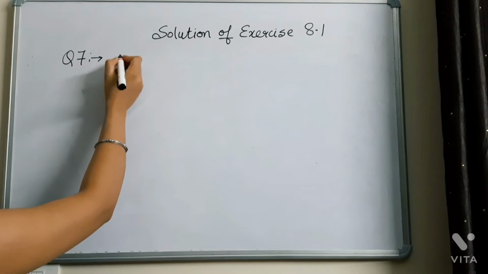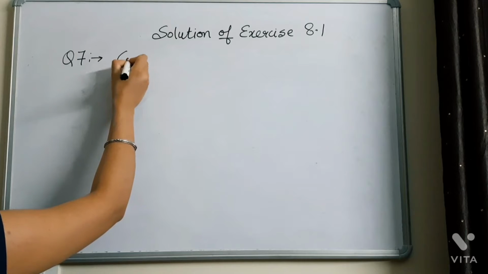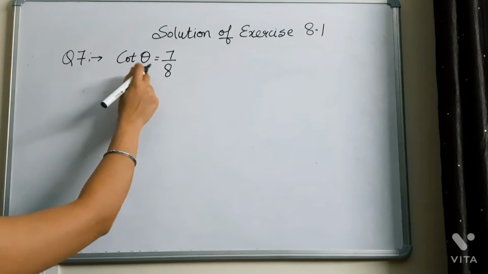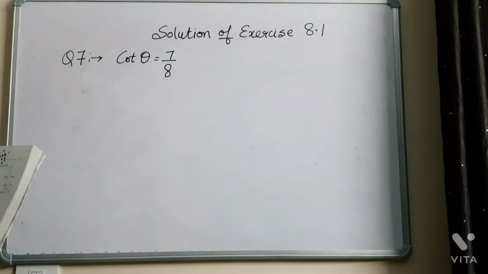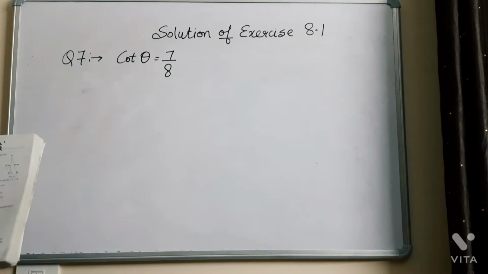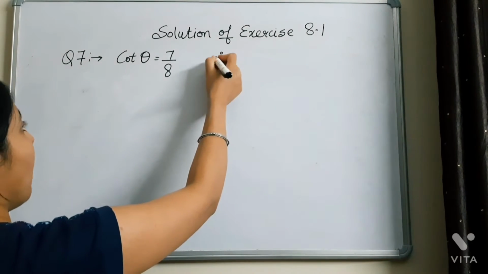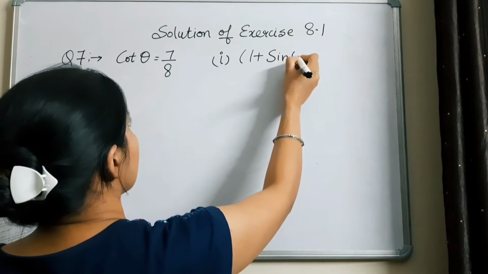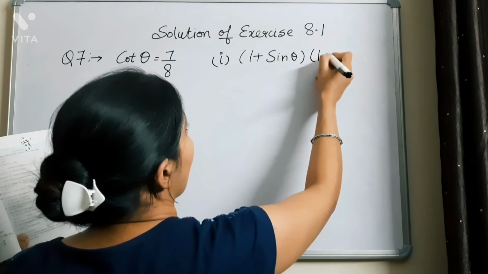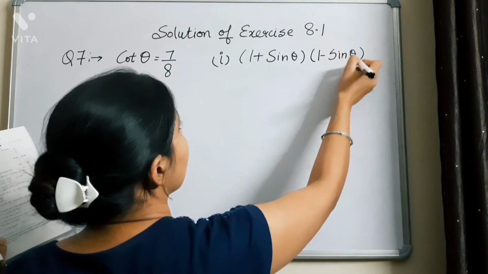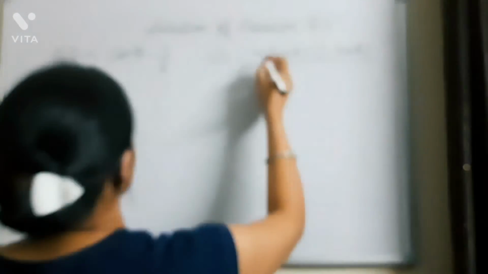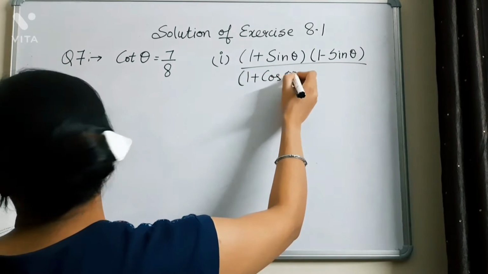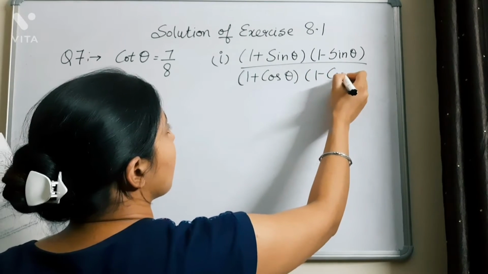So question number 7 says, if cot A is equal to 7 by 8, if cot theta is equal to 7 by 8, so cot theta is given to you as 7 by 8, and in part 1, you have to find the value of (1 plus sine theta) into (1 minus sine theta) divided by (1 plus cos theta) into (1 minus cos theta).